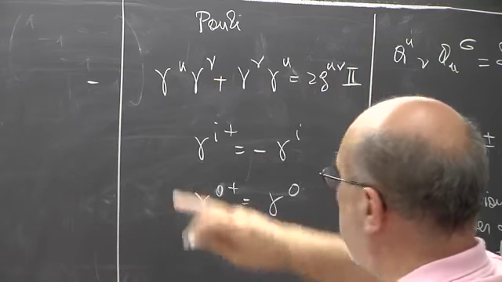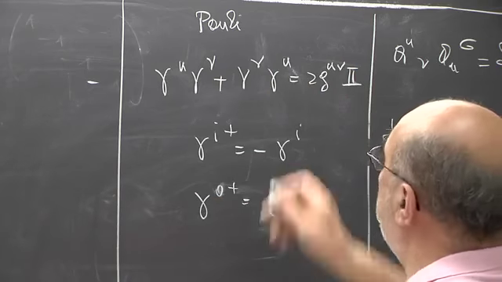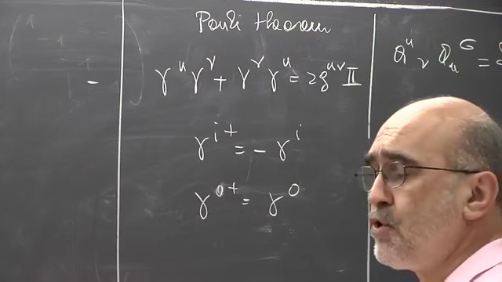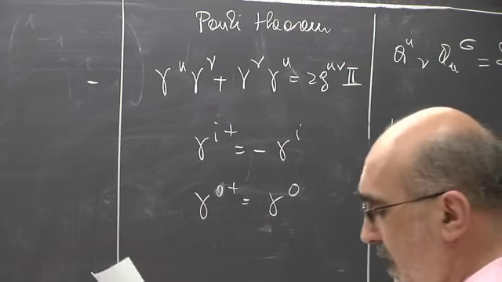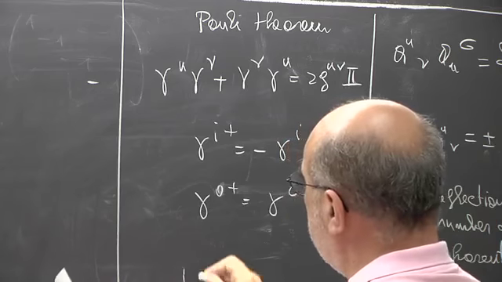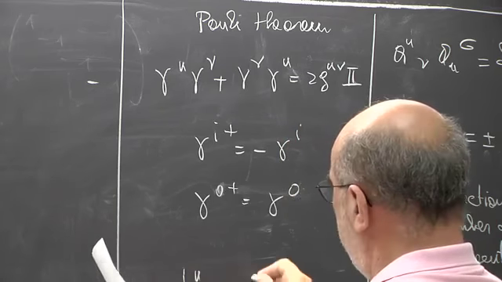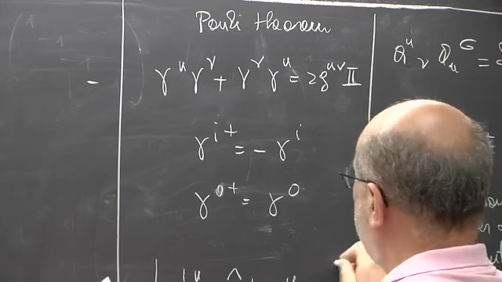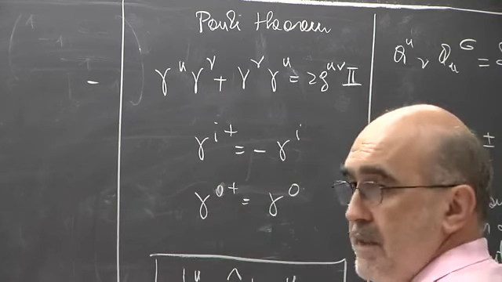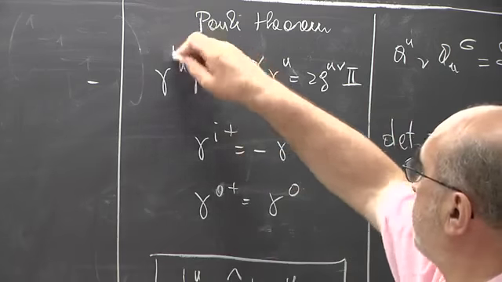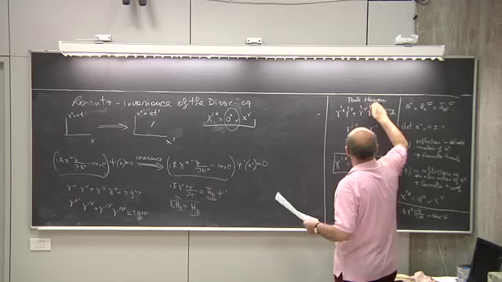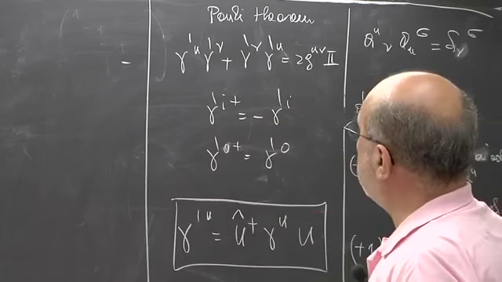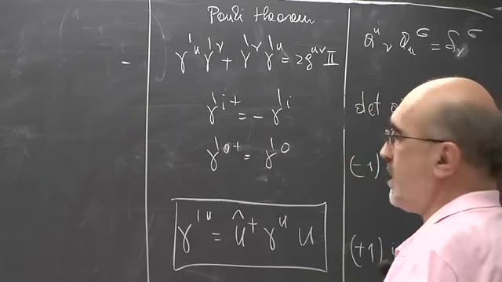any set of matrices that satisfy this relation, the Pauli theorem tells us that if you choose any gamma matrices that satisfy this, then they are related by a unitary transformation. That means any gamma matrix that satisfies this, so let's call these the prime gamma, satisfies the same relation as the original gamma.